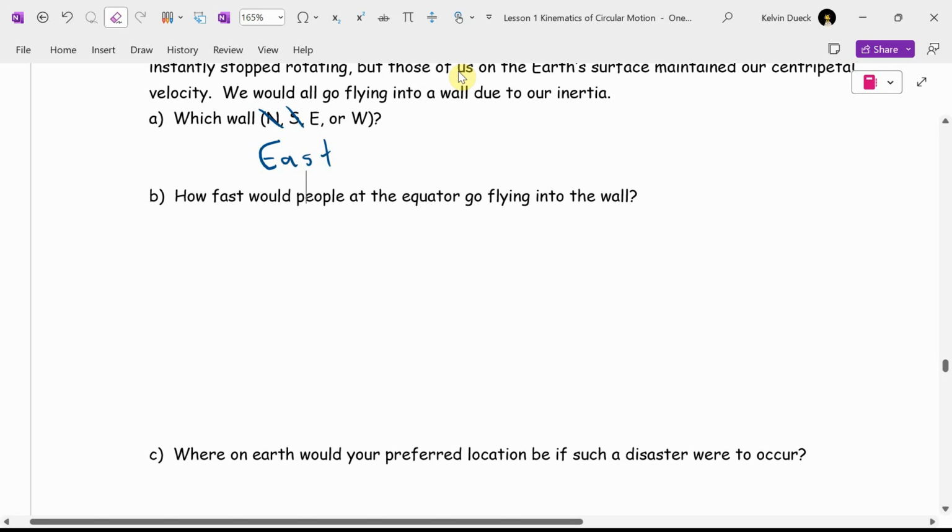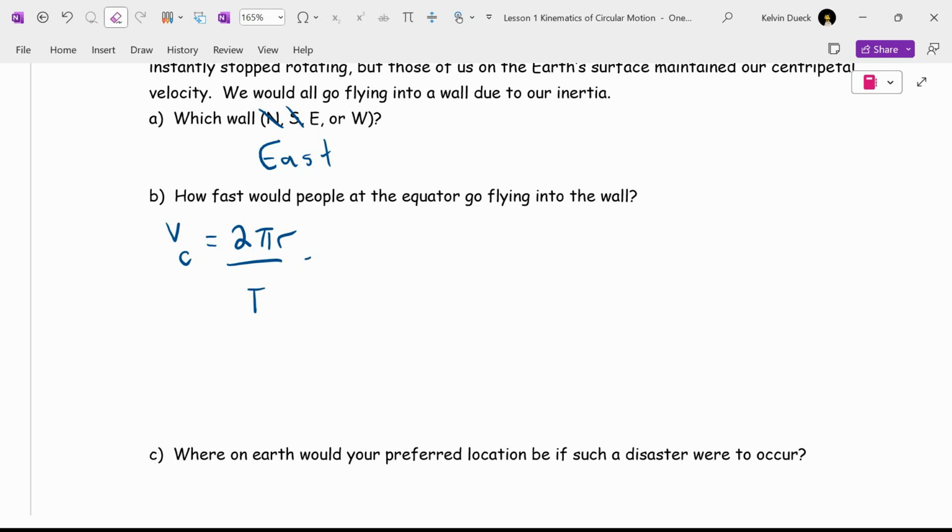The next obvious question is, if you're on the equator, how fast will you go smashing into a wall? Okay, that's a good question. What does this want us to find, Trevor? What path are people at the equator tracing out? Starts with letter C. So we're going to find centripetal or circular speed, which is 2 pi r over the period.